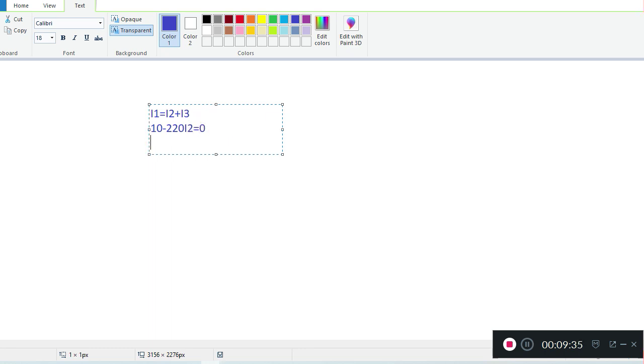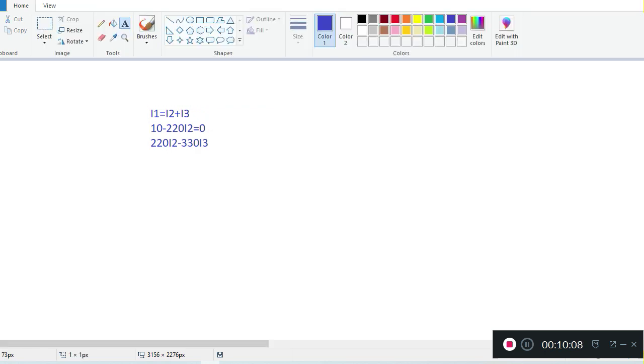And then the next one, I'm going to have 220 I2 minus 330 I3. I'll just solve these three equations and I'll be able to get the values that my circuit wizard gave me in the practical realization.